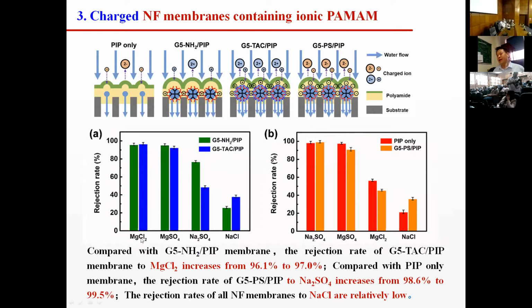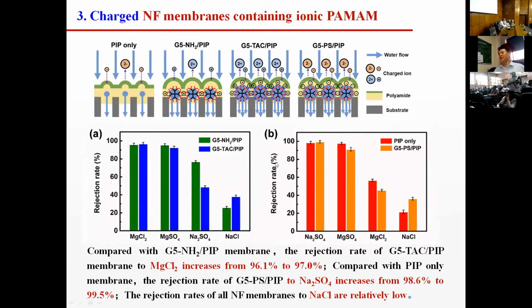magnesium chloride. For the anionic or negatively charged membranes, the rejection of the sulfate salt is higher.